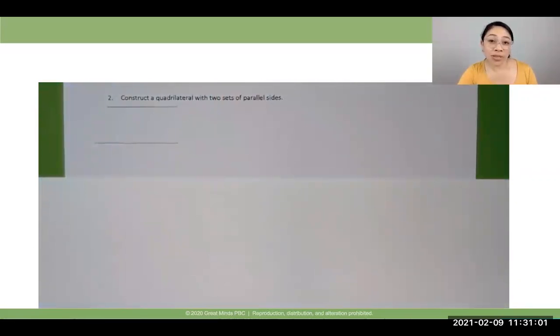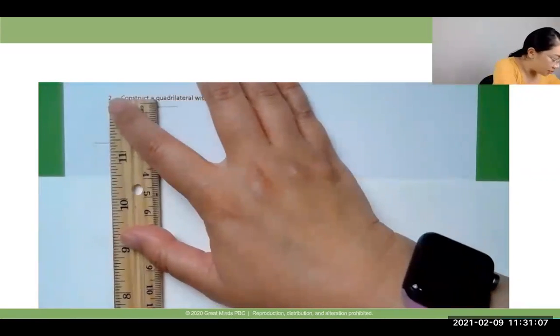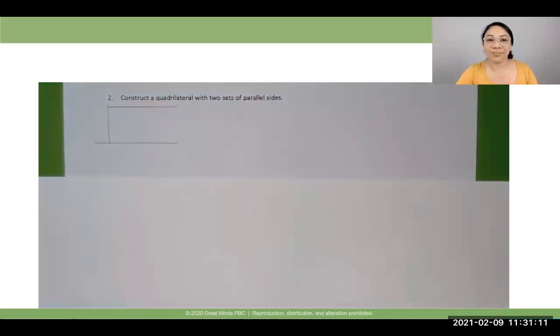Next, draw a third segment that crosses both. Finally, using our ruler and the right angle template, let's draw a fourth segment that crosses the first two segments, and that's also parallel to the third segment that we just drew.